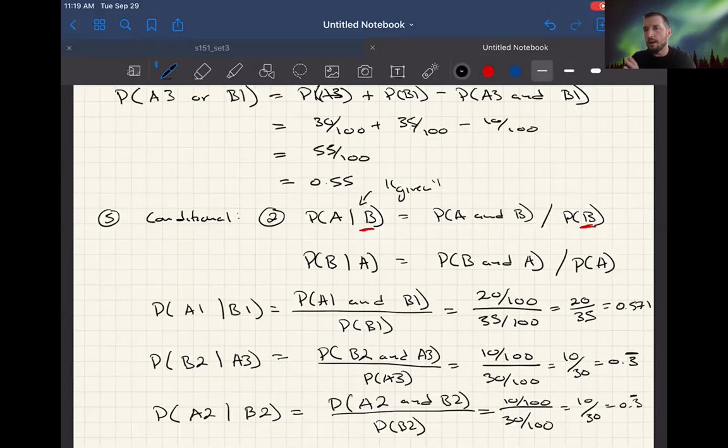Before I do that, does anyone have any questions about these initial examples? And here we go. Okay, share screen.